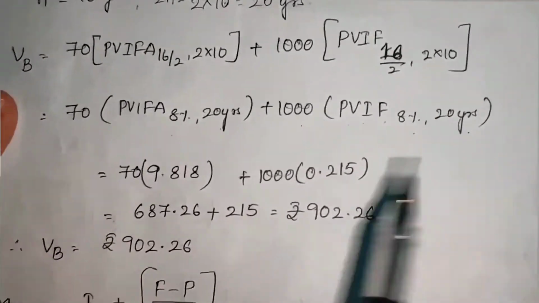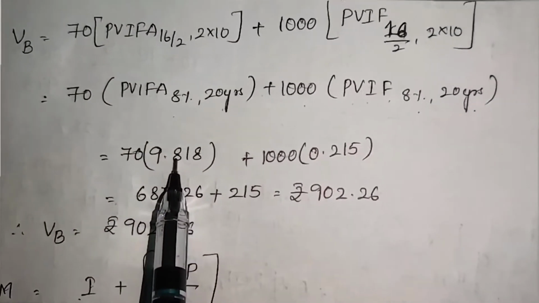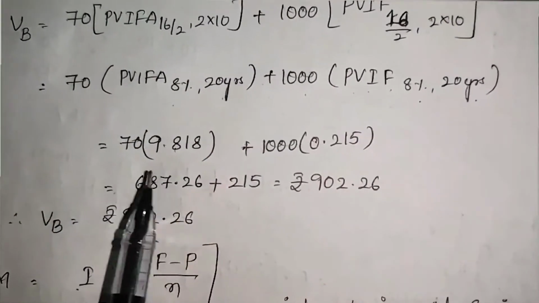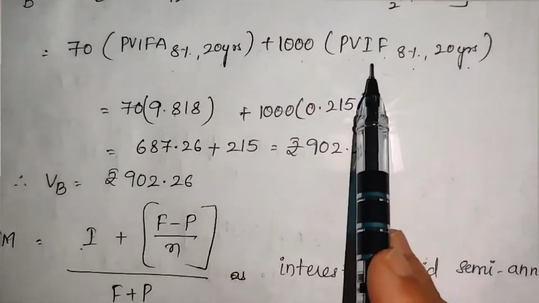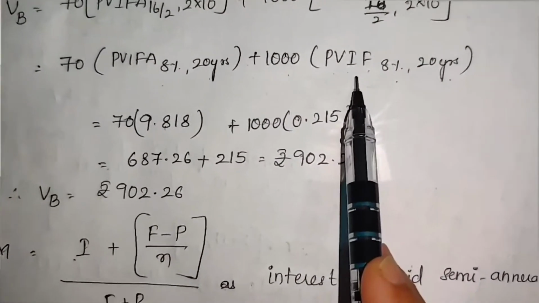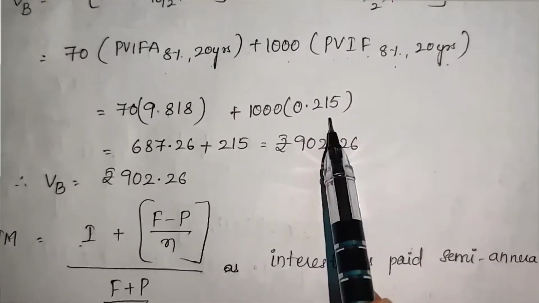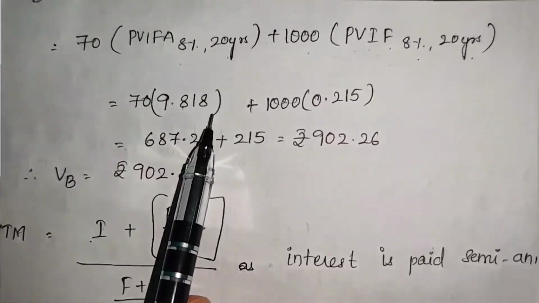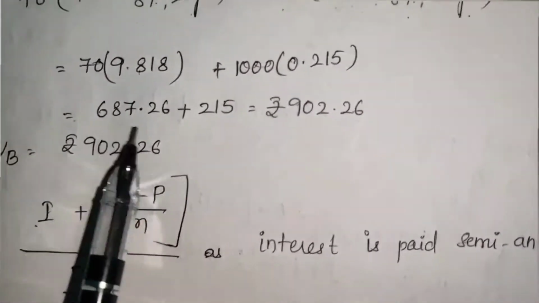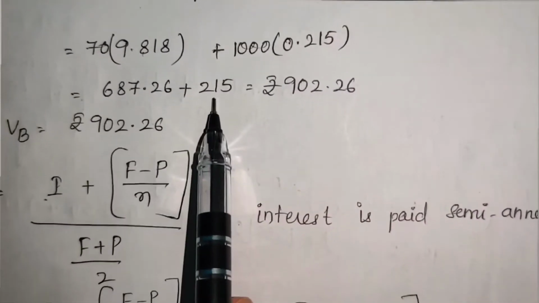Checking the PVIFA table for 8%, 20 periods, the value is 9.818. And in the PVIF table for 8%, 20 periods, the value is 0.215. So 70 into 9.818 is 687.26, plus 1000 into 0.215, which is 215.